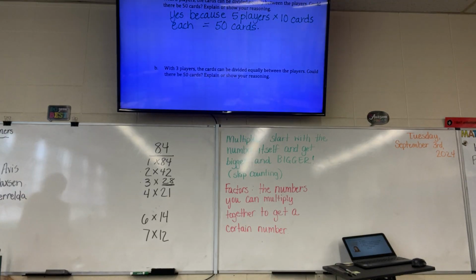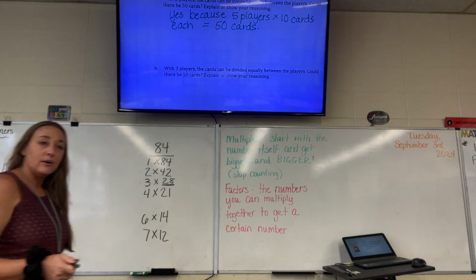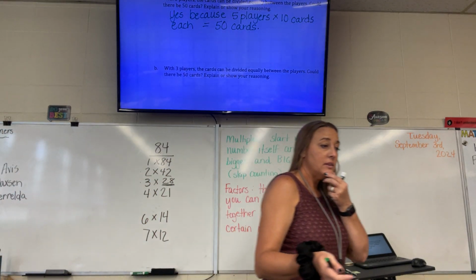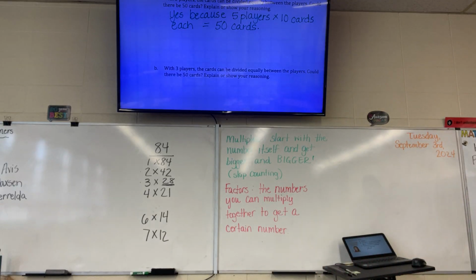But then it says with three players, the cards could still be divided evenly. Could you divide 50 by 3 evenly? Look at your multiplication table. Go to the 3 row, it only goes to 45.